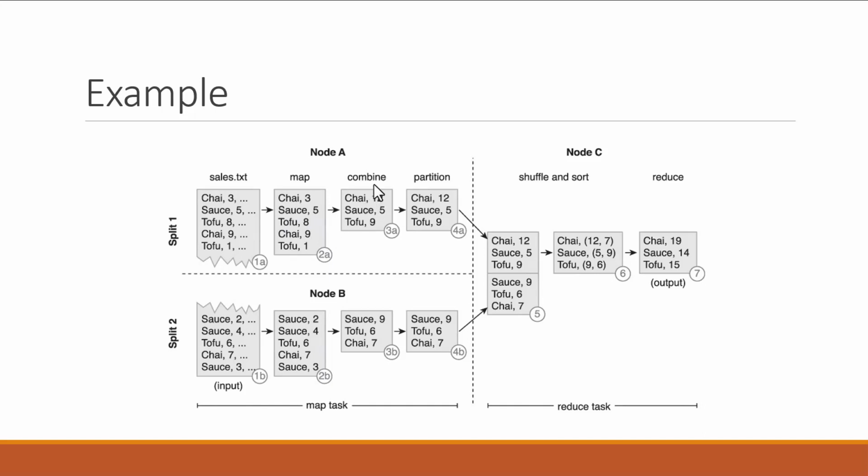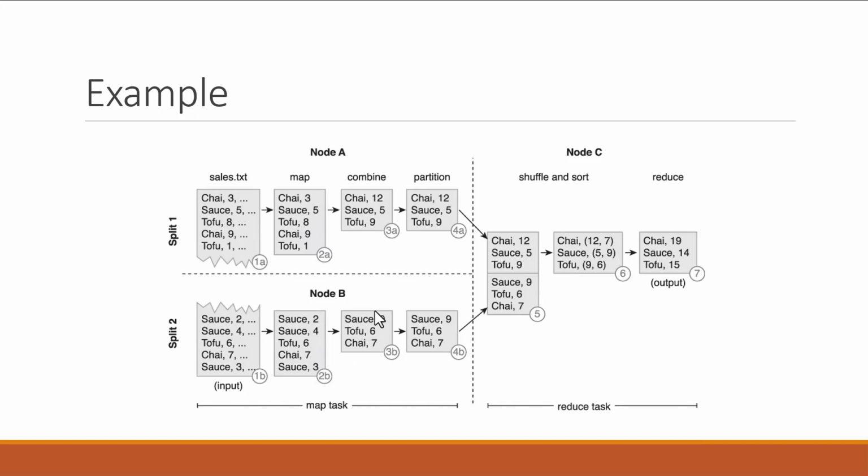So for example, here in node A, chai tea, there's actually 3 units sold in this first line, 9 units sold in this fourth line. So that means there's a total of 12 units. So we can combine those counts for chai into a single line, and then do the same thing for sauce. There's only 1 for sauce, but there are 2 for tofu.